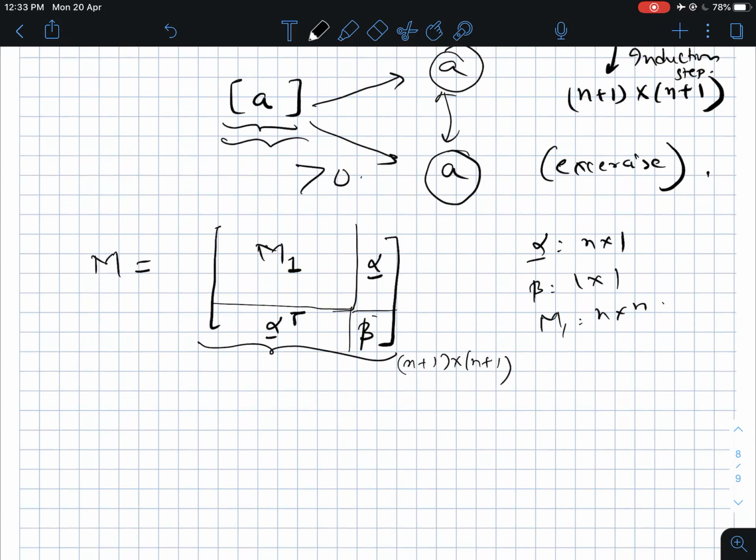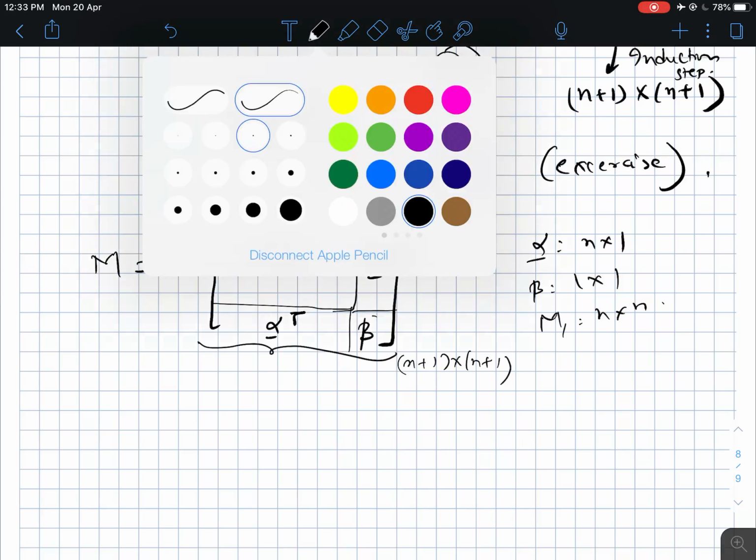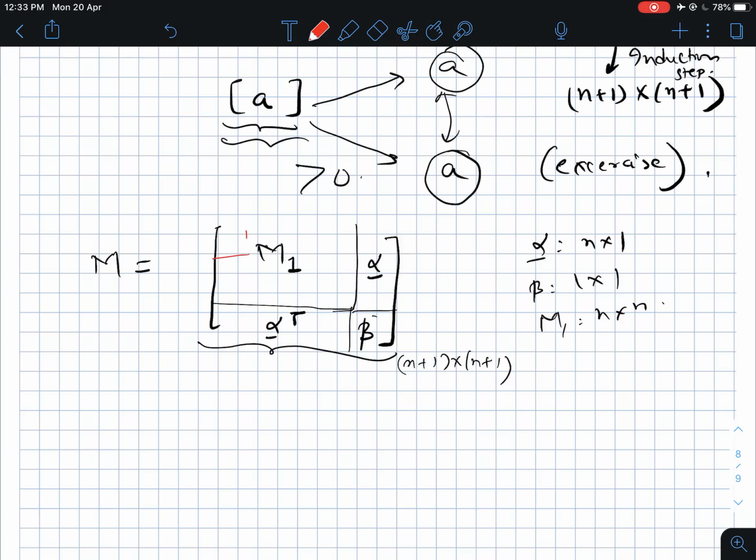Now what I'm trying to prove is that Sylvester's criterion is true, meaning that if I know that all the principal submatrices have a positive determinant, then the overall matrix is positive definite. So let's say this is a 4 cross 4 matrix, then M1 will be 3 cross 3.